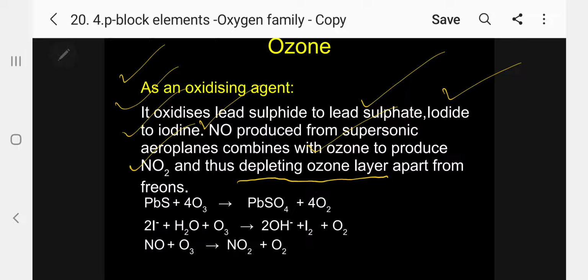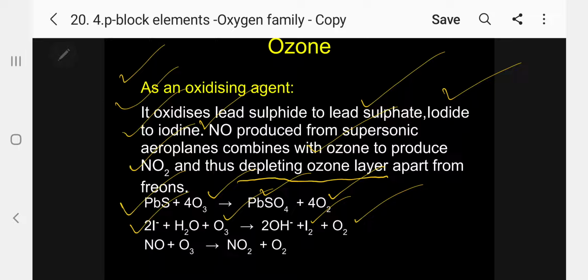So, let me see here. Lead sulfide, I think I already pointed out, is oxidized by ozone to lead sulfate, and oxygen is produced. In the same way, iodide is oxidized by ozone in the presence of water to produce iodine and correspondingly oxygen along with OH minus.